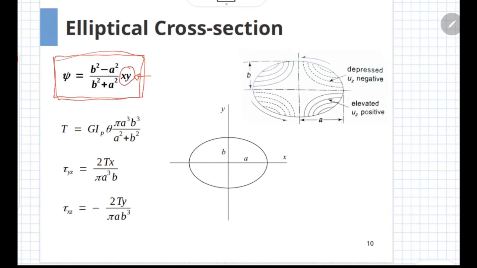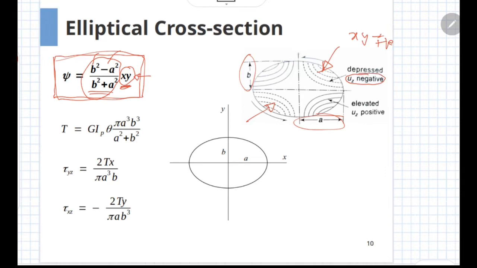If you look at the expression, it has some constant in terms of the minor radius and major radius of the ellipse and the product of x and y. It means that in the first quadrant and in the third quadrant, where the product xy is positive, if you note this particular equation, it is b square minus a square, which is a negative term, so we'll get uz as negative.